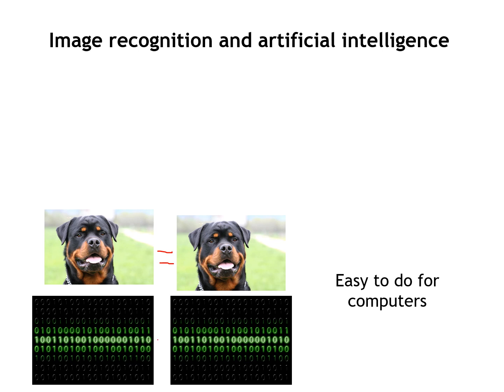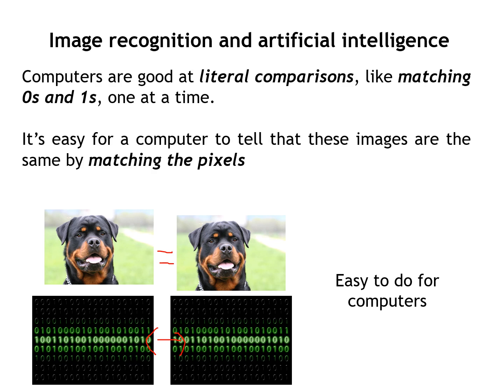Because they are just matching zeros and ones, and they do it very fast, much faster than us, and they will be able to say if it's exactly the same sequence of zeros and ones. So remember, for computers it's very easy to do these literal comparisons, because they are matching zeros and ones, and this allows them to match the pixels that you see there.